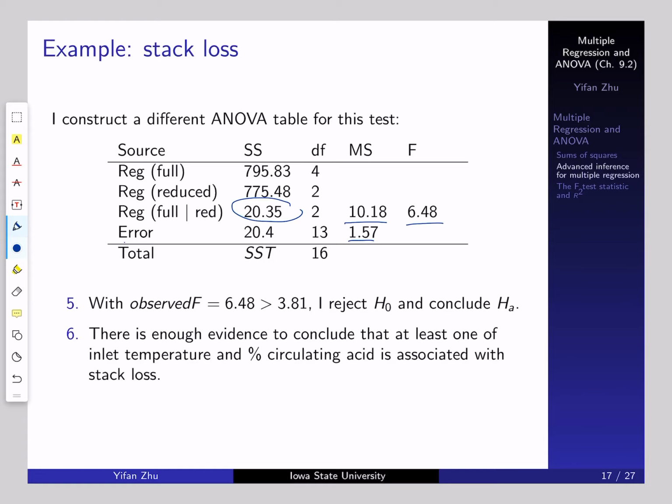Since the observed F of 6.48 is greater than that critical value, we will reject H0 and conclude the alternative. Again, that means we are in favor of the full model in this case.